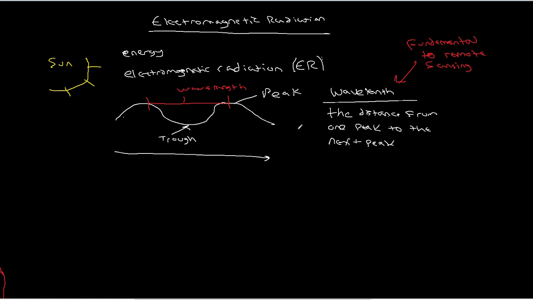The next key piece that we have for electromagnetic radiation in the confines of remote sensing is the idea that if we were to stand in a fixed position, let's say we stood in a fixed position here, and we counted the number of peaks that passed by this fixed point in a given amount of time, that's called the frequency.